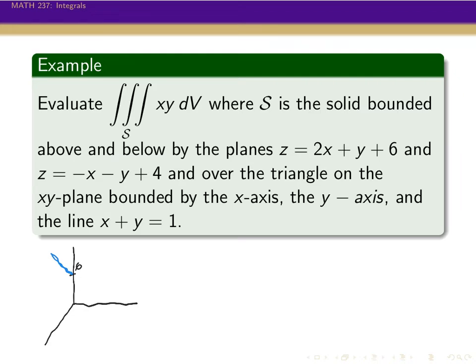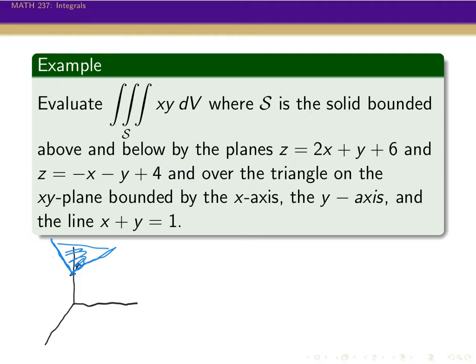And then let's make that a little bit steeper. So going up slope 2, up like that. And then on the yz plane, so that's when we set x equal to 0, this is going to be z equals y plus 6. And so that's going to be slope 1 on the yz plane. So you can kind of see we have this plane coming out in the first octant like that.